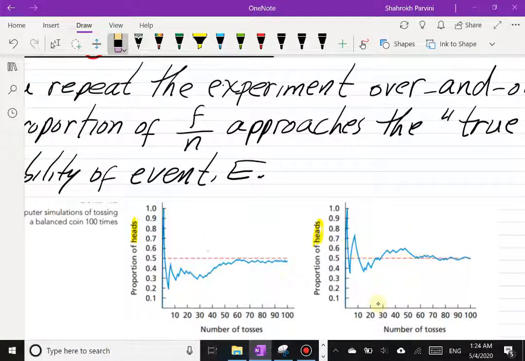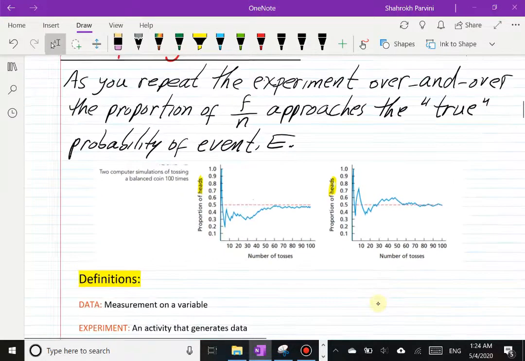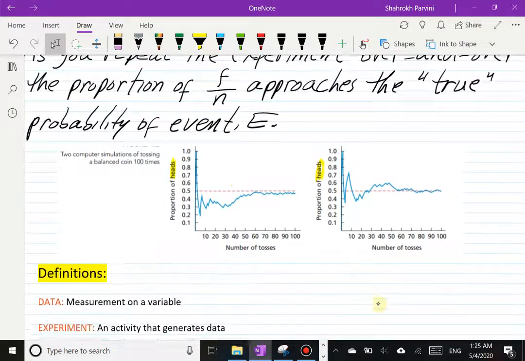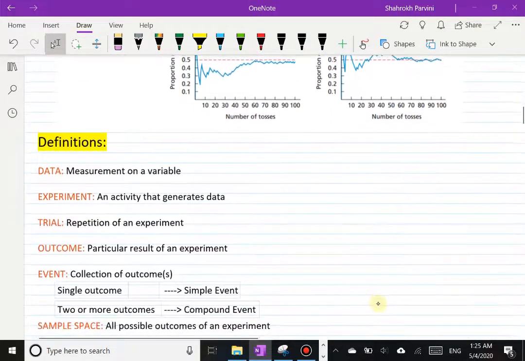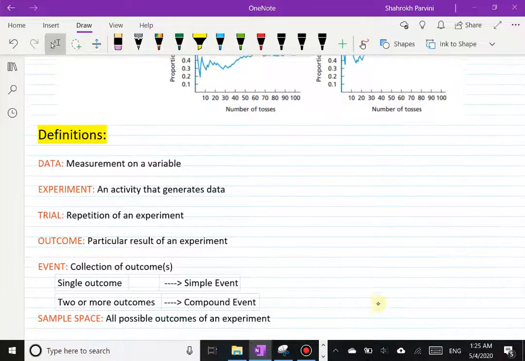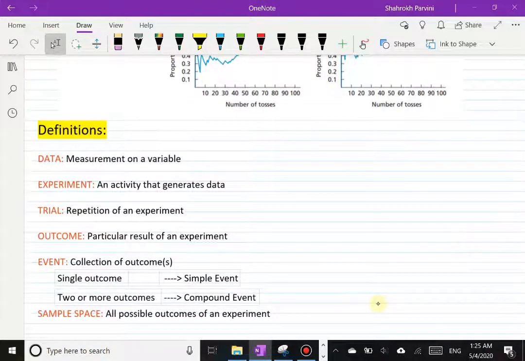Let me shrink this back a little bit. So here is a list of definitions that I've used throughout the lecture so far. You can see what these definitions are: concise, but precise. When we talk about data, we're talking about measurements on a variable.